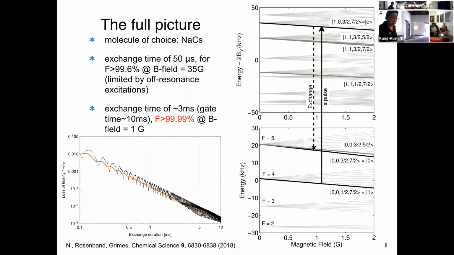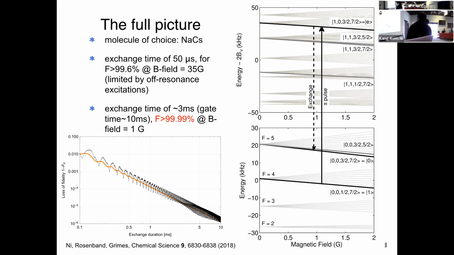Without going into too much detail, the real limitation for these kinds of gates is that the energy levels are very close by, and therefore they impose a speed limit, because you can get leakage. When you exchange, you can exchange to the wrong states because the energy levels are close.